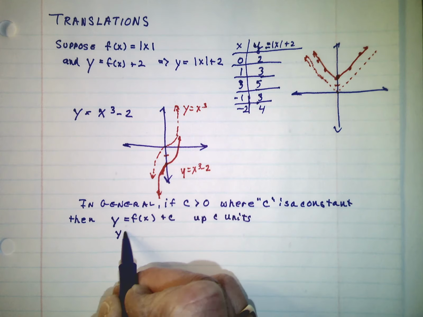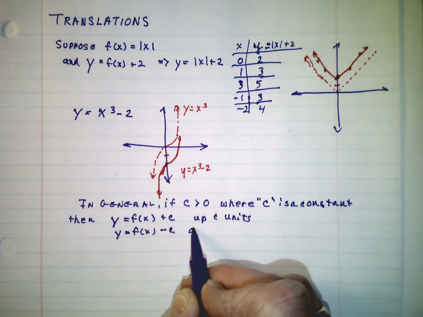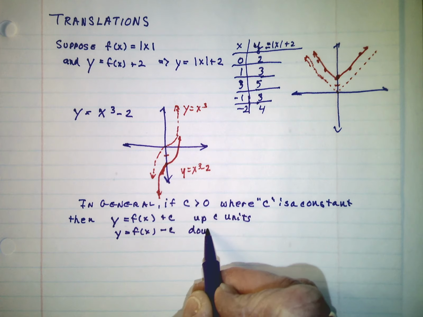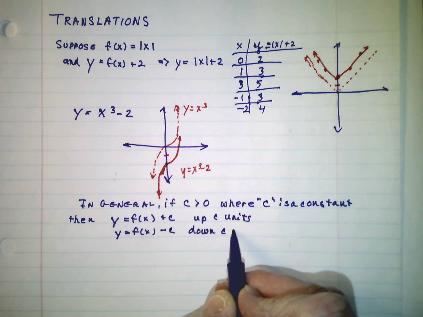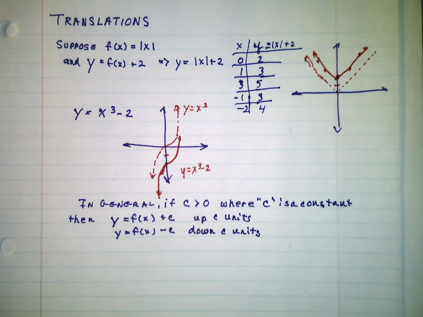And if we have y equals f of x minus c, the graph is going to go down by c units. Pretty straightforward.